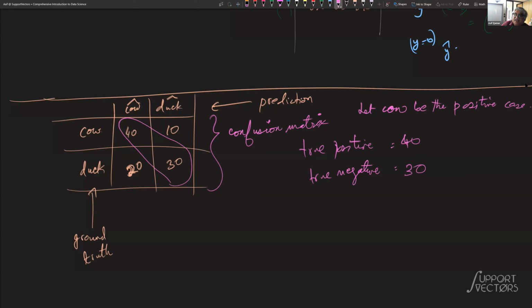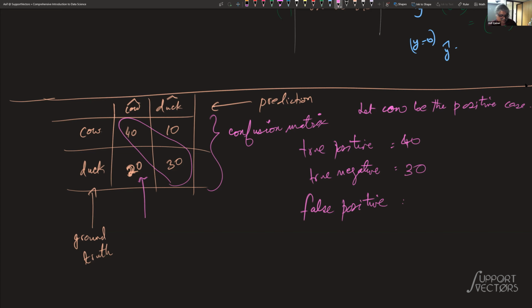How many false positives are there? Something that's not a cow, but you predict it as a cow. False positive is not 10. It's 20. Remember, false positive is when it is not a cow and you mark it as a cow.